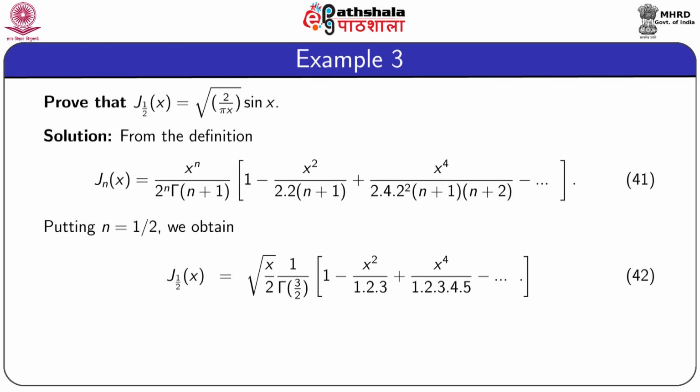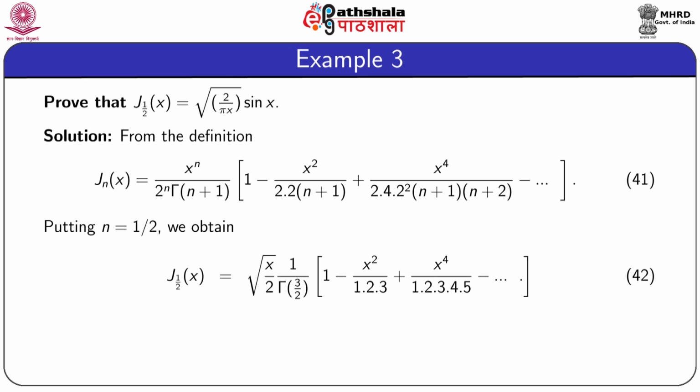In our next example, we have to show J half of x is equal to square root of 2 by pi x sin x. Now, from the definition of J n of x, we can write J n of x is equal to x to the power n divided by 2 to the power n gamma n plus 1 multiplied by 1 minus x square by 2 dot 2 into n plus 1 plus x to the power 4 by 2 dot 4 into 2 square n plus 1 into n plus 2 minus dot dot dot.